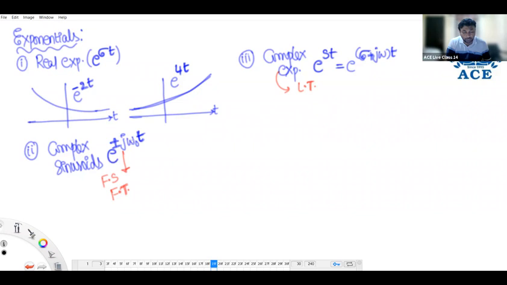Suppose you are differentiating e power j omega naught t. What will be the answer? j omega naught multiplied by that exponential. If we are integrating it, again the same answer divided by j omega naught. If you are taking delay, then also the answer is the same.